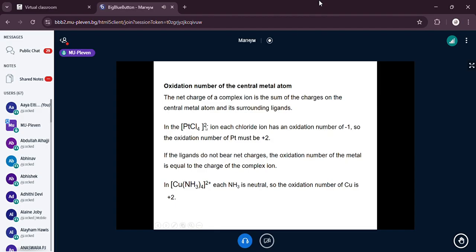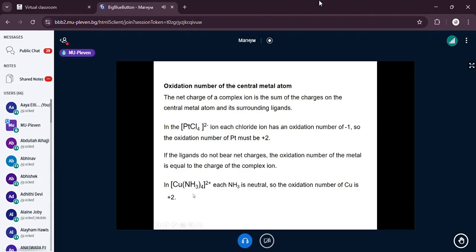The charge of this ion is 2-. We can calculate, if we put platinum oxidation number to be X, X plus 4 minuses, X minus 4 should be equal to -2. And in this way, we calculate the oxidation number of platinum to be +2.